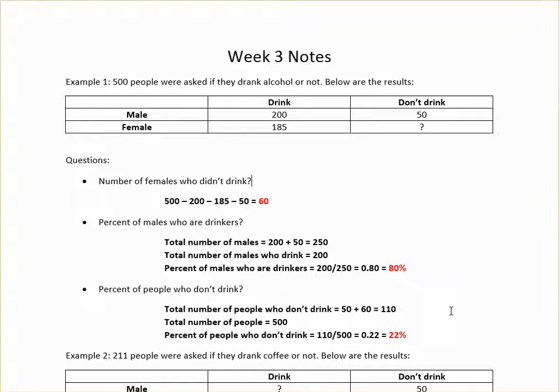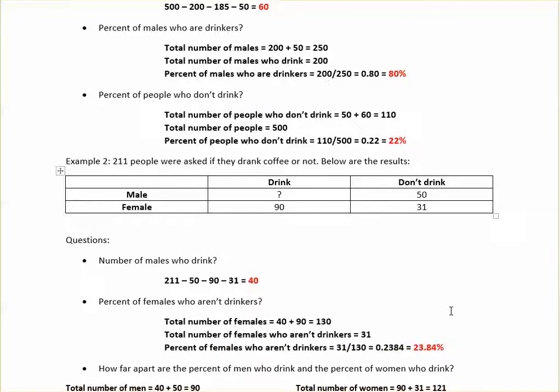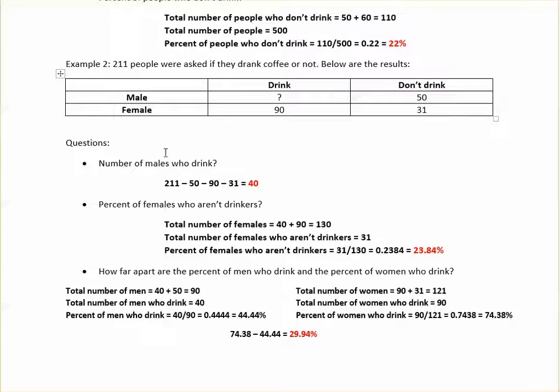Okay, so now for the second example. We've got 211 people who were asked if they drank coffee or not, and below are the results. So we've got males, we're not sure how many drink, but we know 50 don't drink coffee. For females, we've got 90 that drink coffee and 31 who indicated they don't drink coffee.